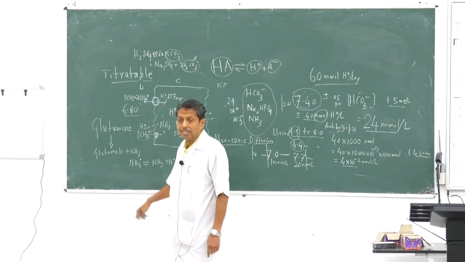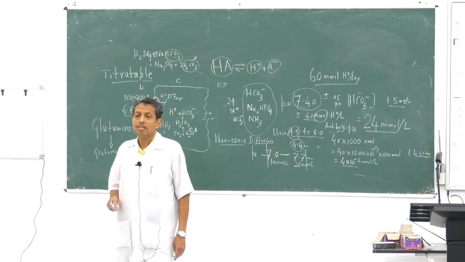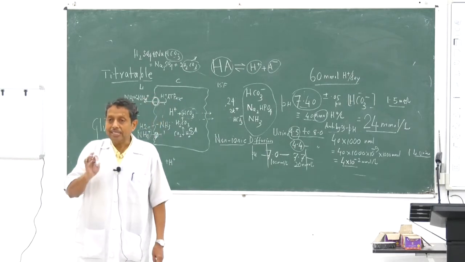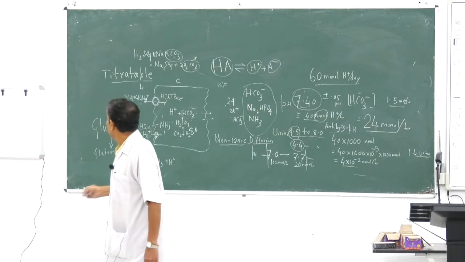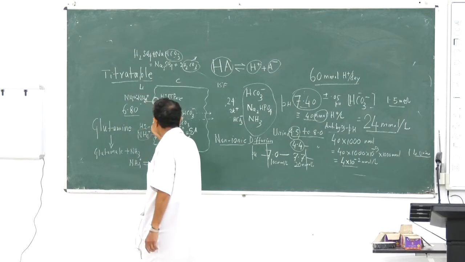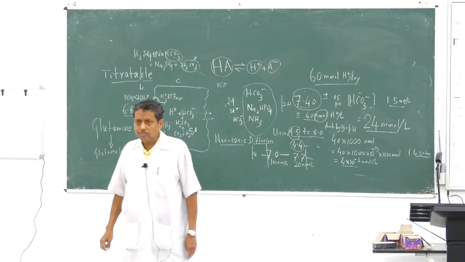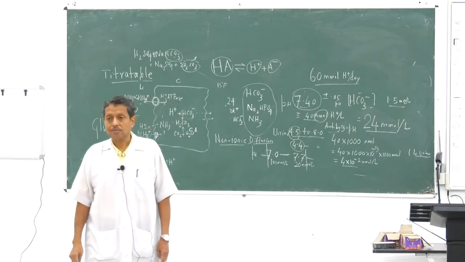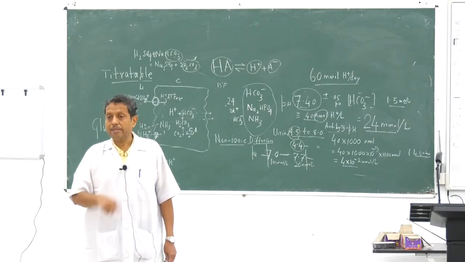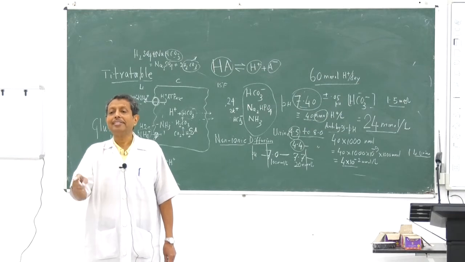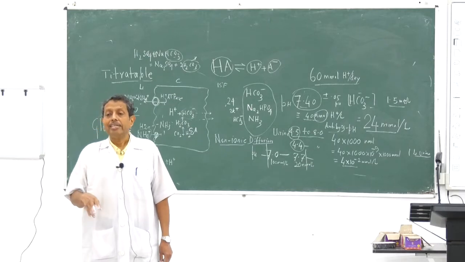Suppose a weak acid enters into luminal fluid that is made alkaline with sodium bicarbonate; in that case it will remain there. So its transfer from the cell into the lumen and its excretion will increase. It depends upon the pH, and if you can manipulate this pH, you can increase its elimination.